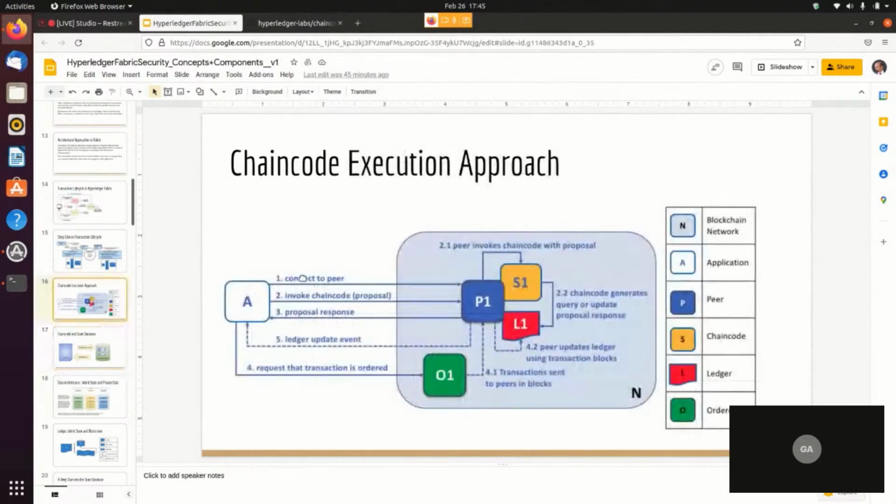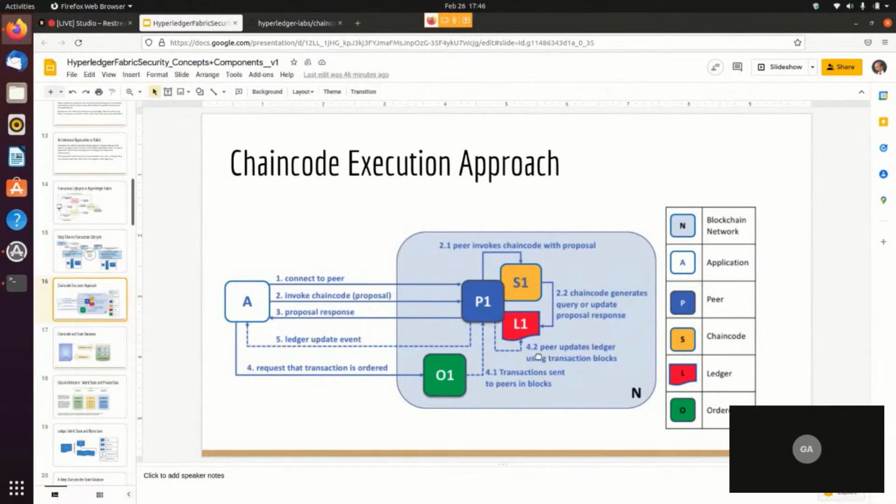So what is the life cycle of a chain code? First, you connect to the peer. If the chain code is already installed, you invoke the chain code for the proposal. Then you get the response from the peer, and then you are requesting the ordering service to order the transaction. What happens in that stage? Initially, the transaction is sent to the peers in a block.